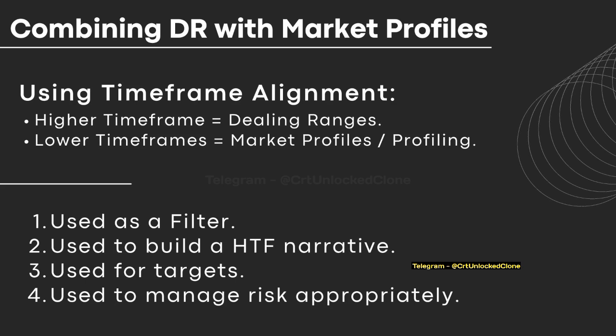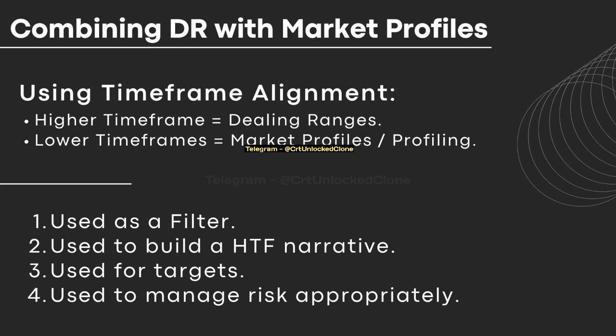So here is the list of some of the things that dealing ranges and PDRM metrics will help us with. First of all, the most important of all, dealing ranges are used as a filter. It will be used for filtering out key levels and market profiles. Similarly, dealing ranges would be used to build a higher time frame narrative for your analysis, and you could use it to assist you in filtering your drawn liquidity and your buys.